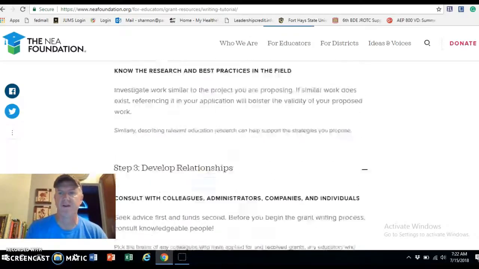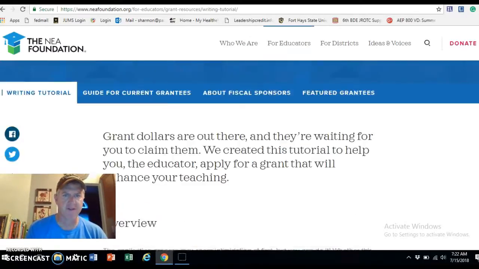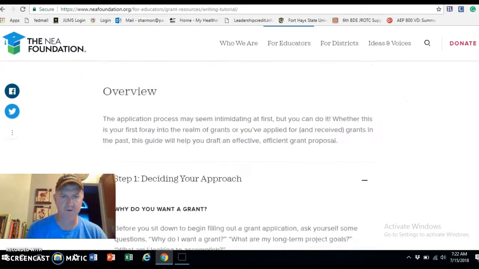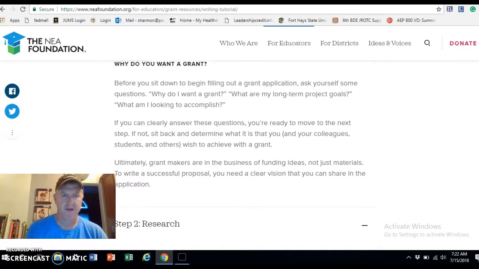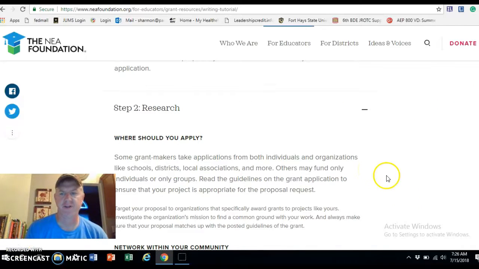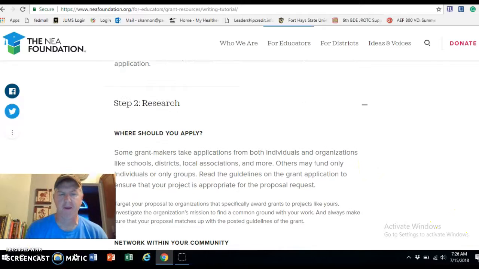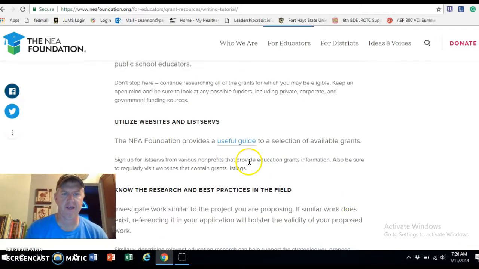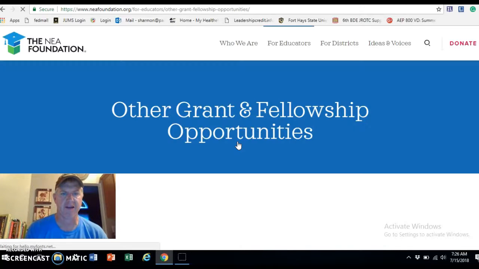But I also found in here, once you get that far, the cool thing I found was under step 2, under research. If you go down here, it talks about how the NEA Foundation provides a useful guide. Click on that.